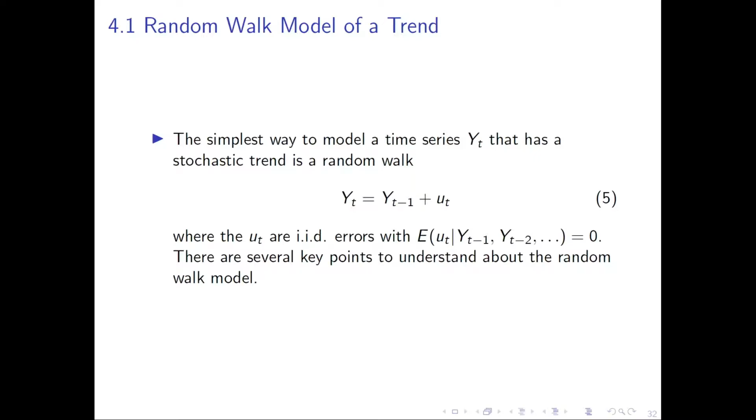We just talked a bit about the random walk model, and the random walk model looks like this. It's the value of the y variable, which is explained by its own lag, one term lag, or one period lag, plus the error term. And this is the simplest model of a process which has a stochastic trend.